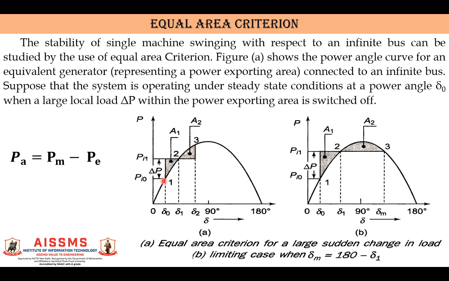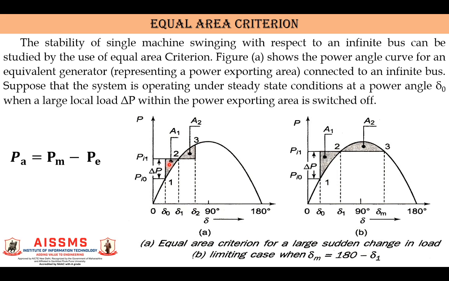While accelerating from point 1, while it is moving from 1 to 2, the rotor is gaining some kinetic energy. Whatever kinetic energy is gained during this acceleration period is shown by this area A1, this dotted area, which is also called the accelerating area.